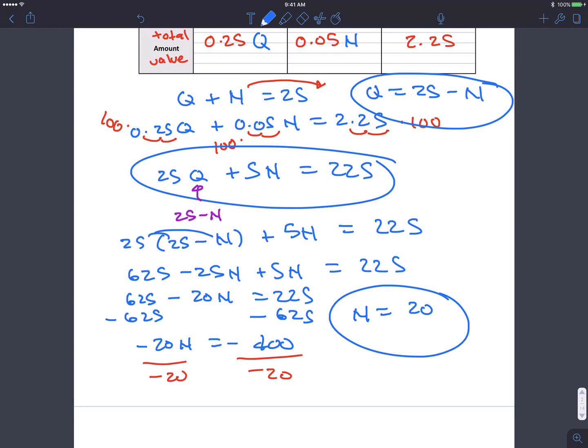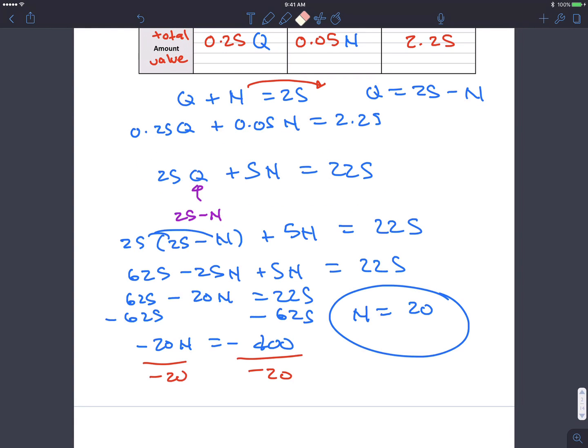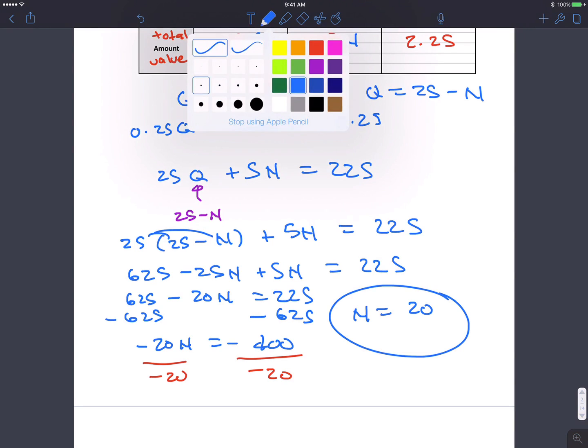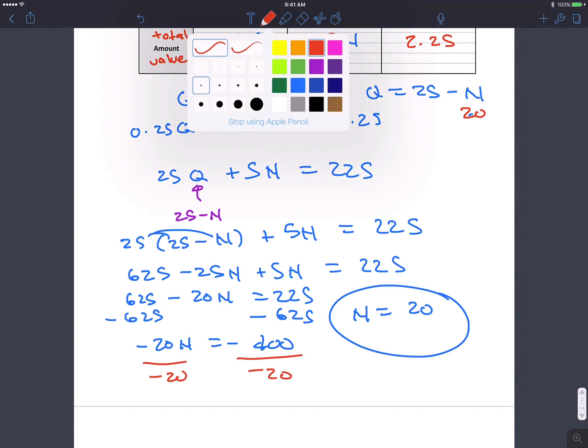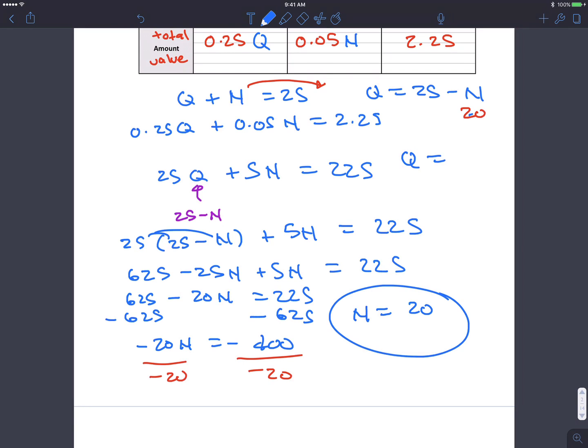Now, if I know there's 20 nickels, let's go back here and erase some of this stuff. If we have 20 nickels, we plug that 20 into the first equation. Now I know that 25 minus 20 is the number of quarters, so I'm going to have 5 quarters because 25 minus 20 is 5.